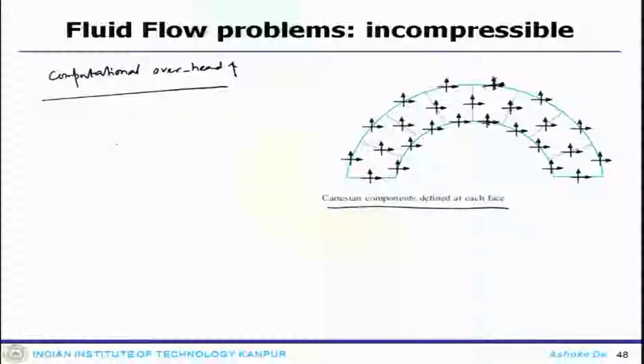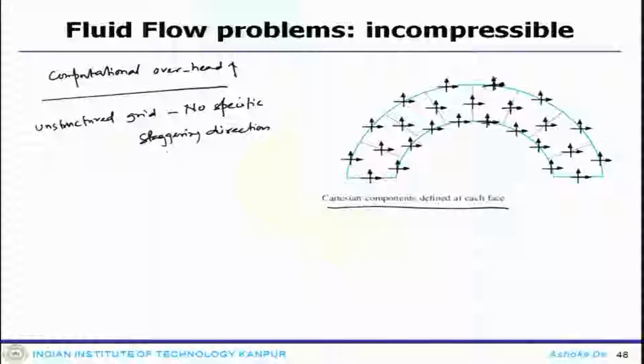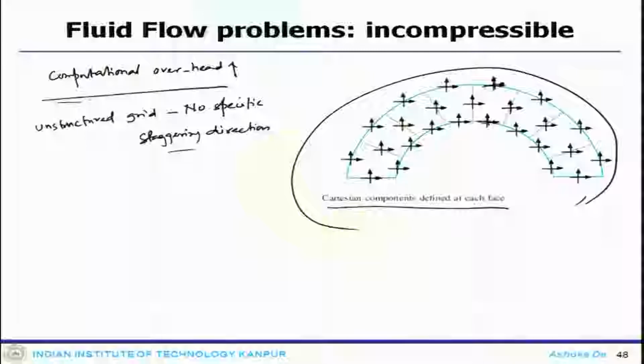In that case, the unstructured phase does not have any specific staggering direction which can allow you to do that, and the only way for the staggering concept to apply is by changing the size of the cell elements used for pressure and velocity components. Finally, the geometric information is also stored, more than doubled, and this kind of arrangement increases the computational overhead like anything.